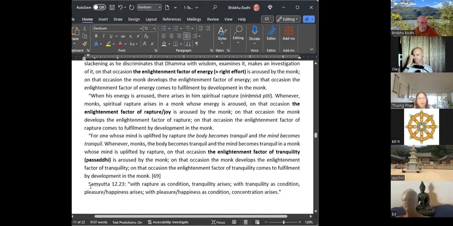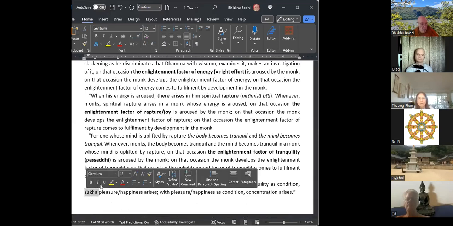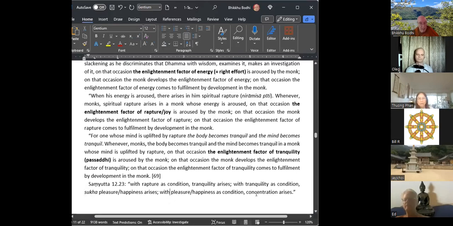For example, there is a sutta in the Samyutta Nikaya, chapter 12, sutta number 23. It says, with rapture as condition, tranquility arises. With tranquility as condition, sukha, pleasure or happiness, arises. And with pleasure or happiness as condition, concentration or samadhi arises.